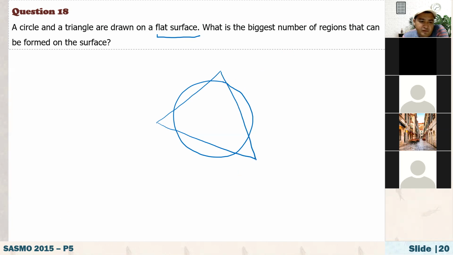So now how many different regions can you see here, Fikriya? 1, 2, 3, 4, 5, 6, 7, and we have one more. Can you see that? How about here?